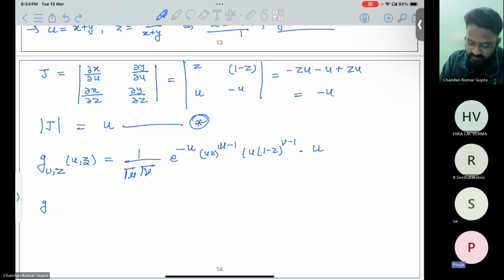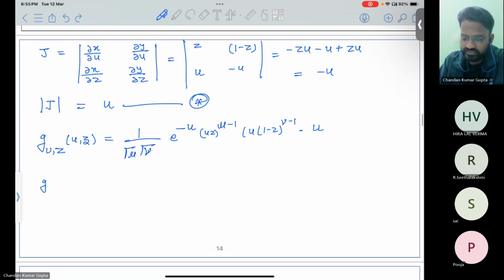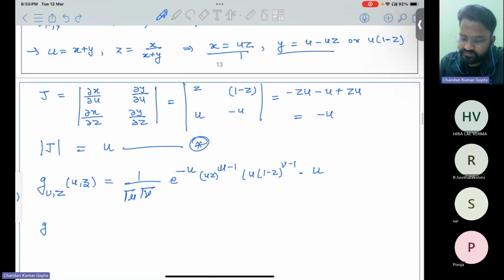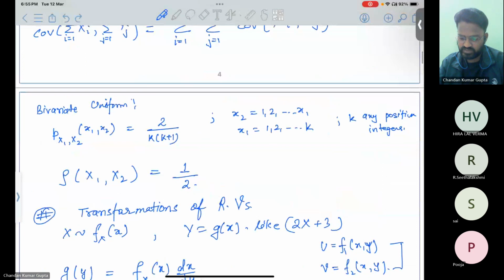Sir, excuse me, sir. Sir, yes. What is the range of this distribution? Okay, I will solve. Just first write this, and then I will find out the value range of u and z. I am using this concept. Let me show you.